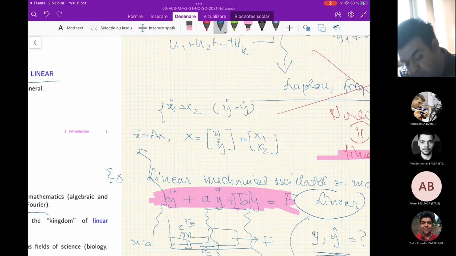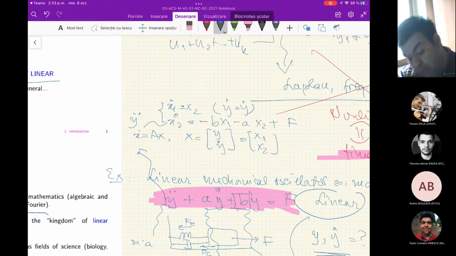And the second equation is x2 dot, which is y double dot, equal to minus b x1 minus a x2 plus f.